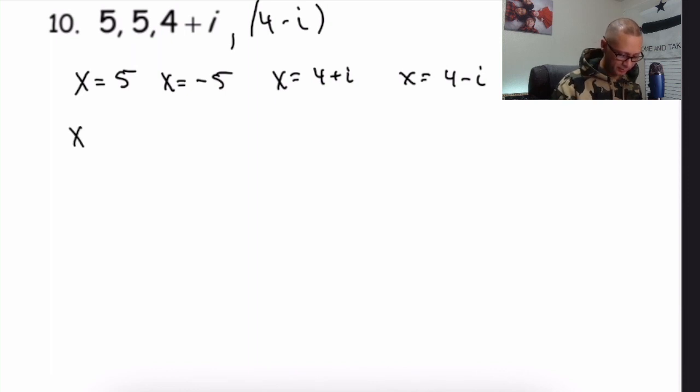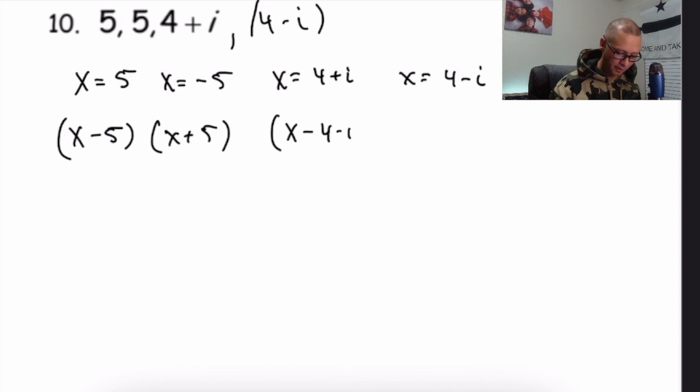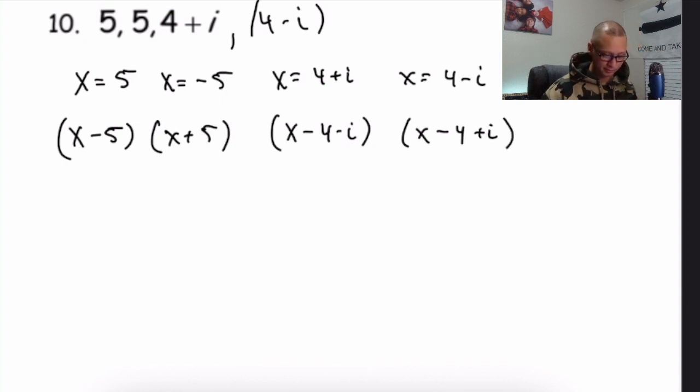Okay, turn them into factors. x minus 5, x plus 5. This is going to be x minus 4 minus i. This is going to be x minus 4 plus i.